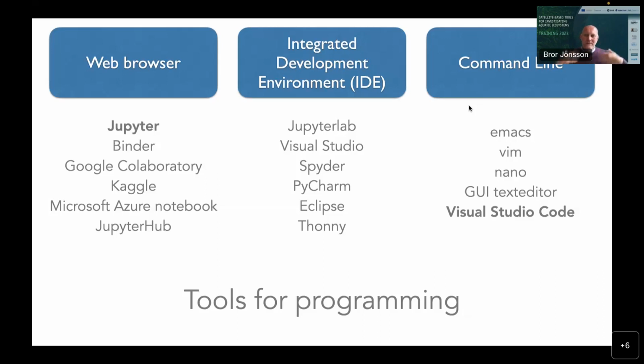Where most people end up is what's called an Integrated Development Environment, or IDE. An IDE is a combination of a text editor and a way of running the code, but also of doing things like debugging and being able to see where in the code you are.